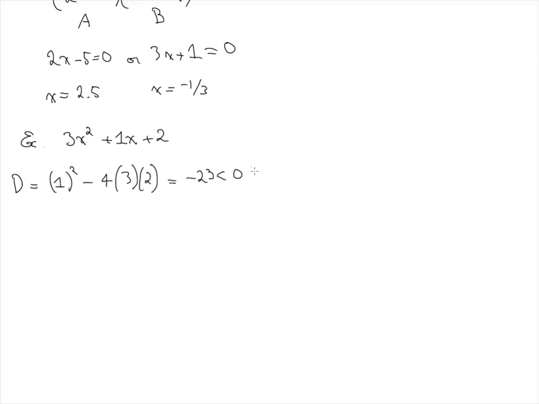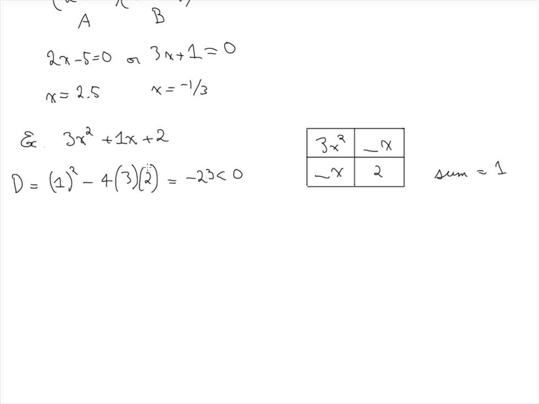What goes wrong? Why can't we do what we did with the other quadratic polynomials? What if we try doing that same thing? Here we've got 3x squared and 2, and we're looking at two numbers whose sum has to be 1, the middle number, and whose product has to be 6.